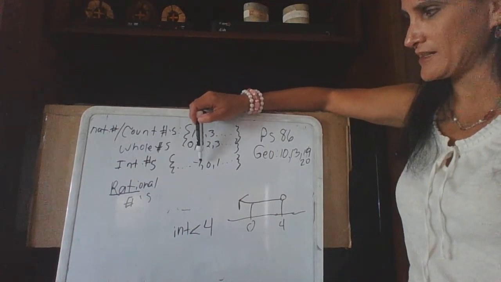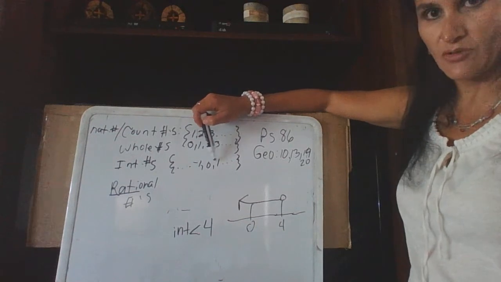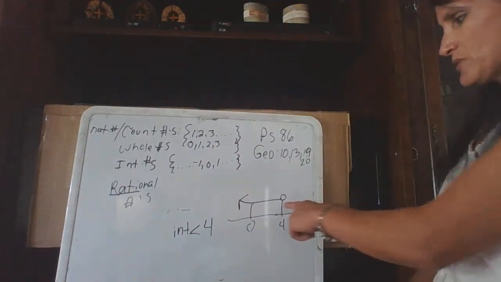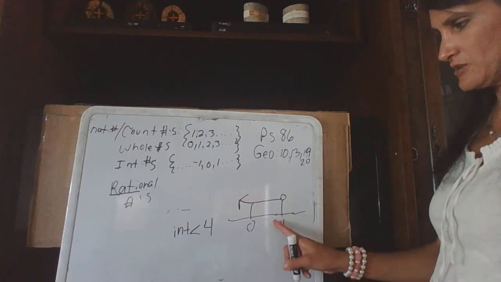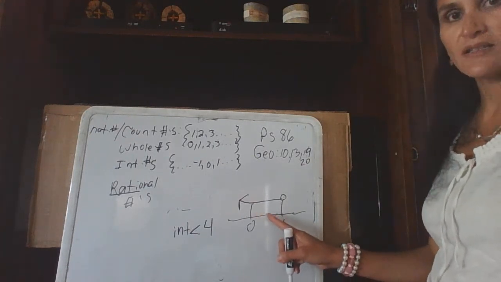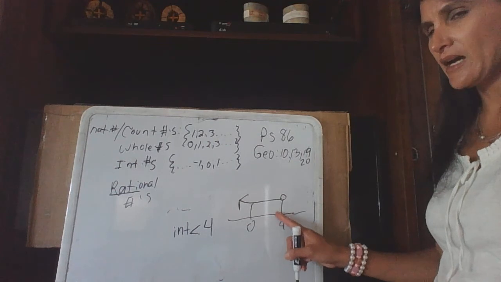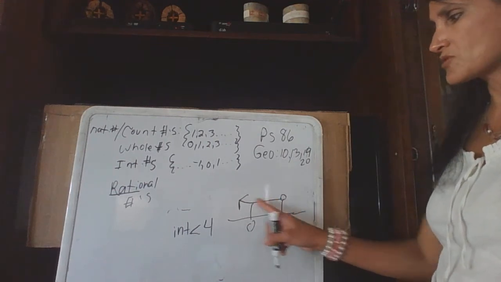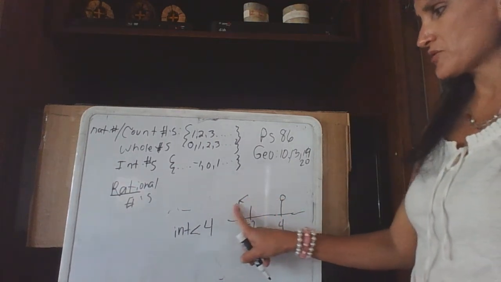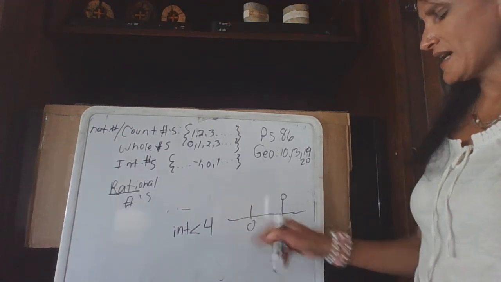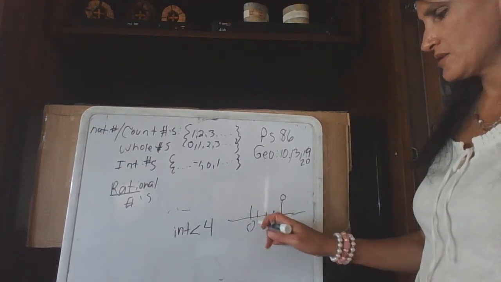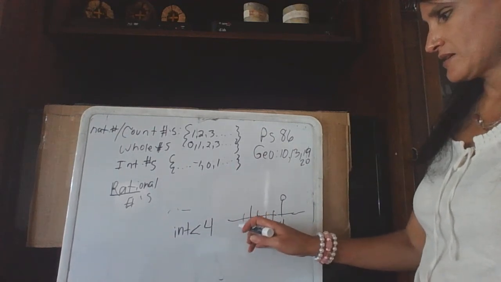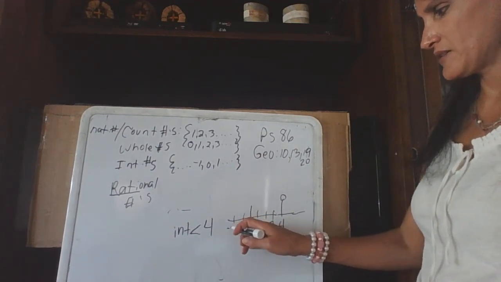It can only be a negative or a 0 or a positive. But if I put a solid line, I'm saying that all the numbers in between, including 1.1, 1.2, 1.5, 2.2, are also included, which is not true. So instead, what I want to do is say 3, 2, 1, negative 1, negative 2.